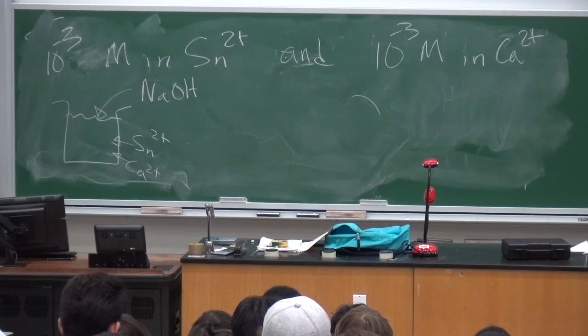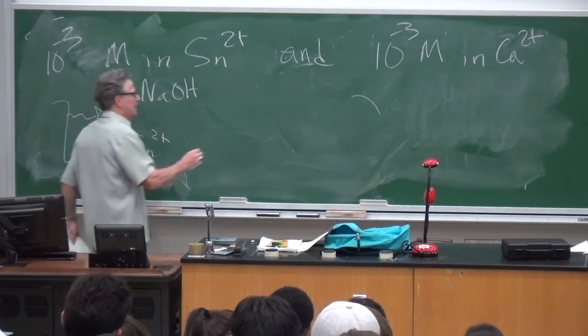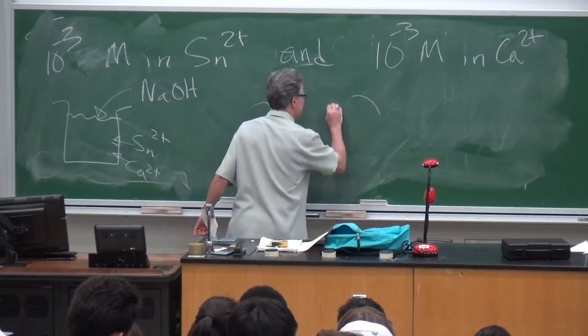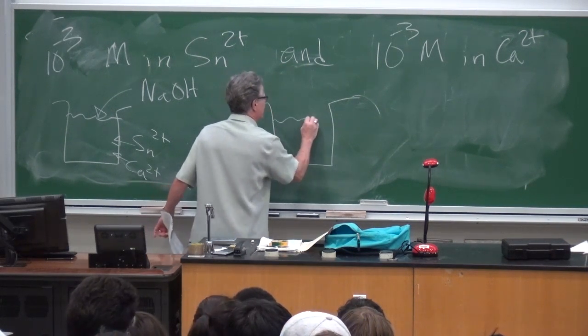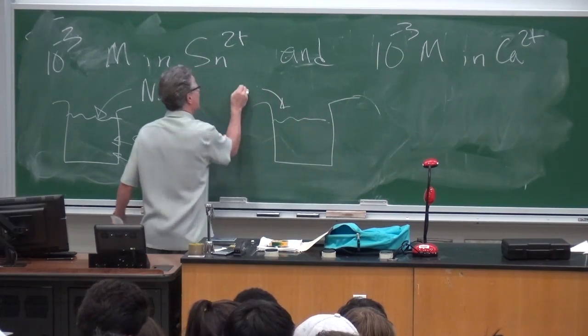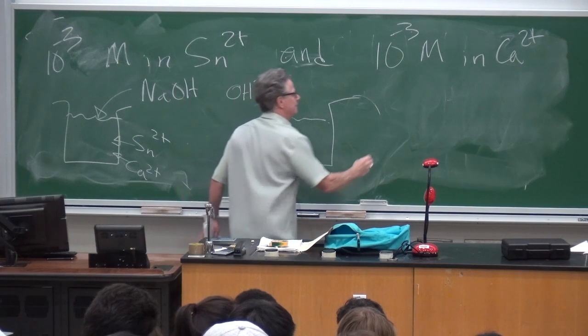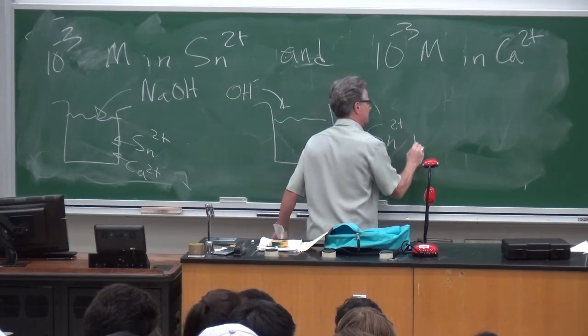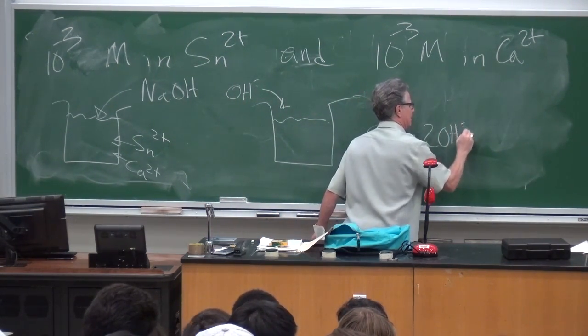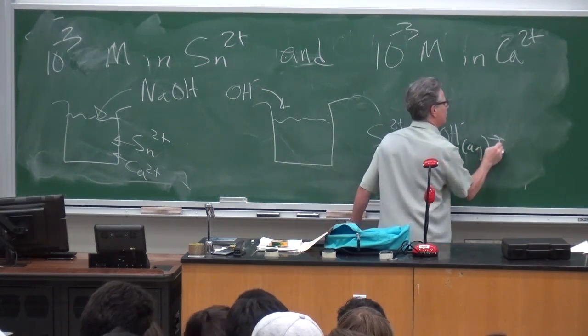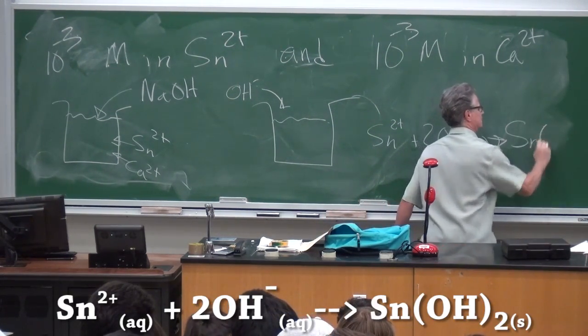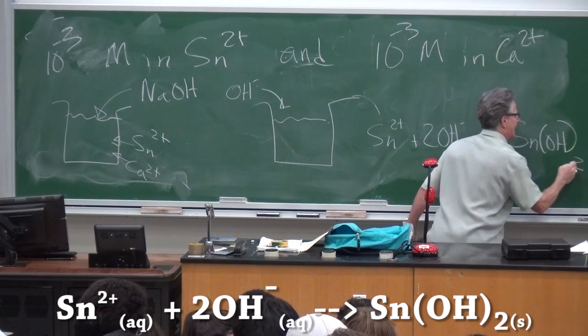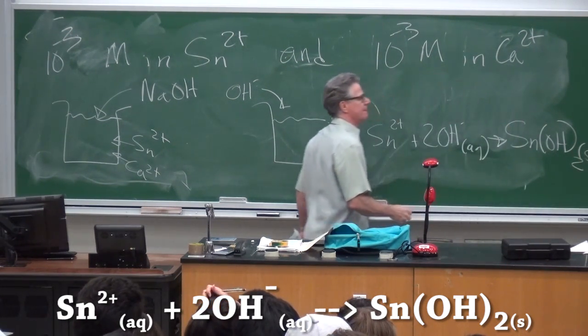And as it turns out, what's going to happen is, for the reasons I'm about to explain, when you drop in the hydroxide, the tin precipitates out as the tin hydroxide.